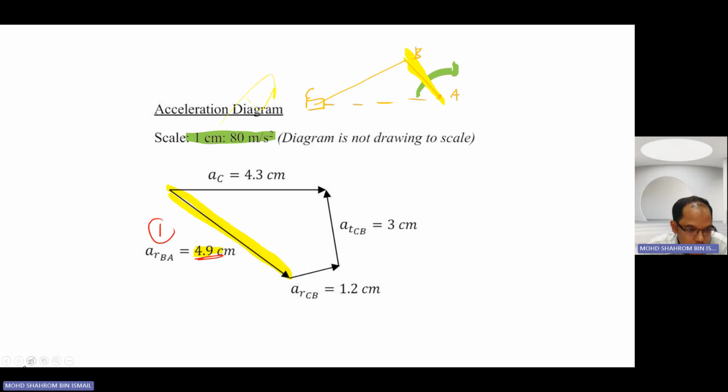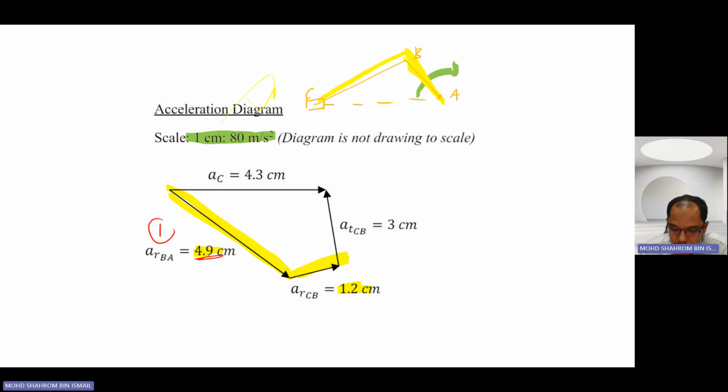Your second step is quite straightforward as well, where you're going to draw a parallel line of BC at the end of this line, with the magnitude to be around 1.2 centimeter.